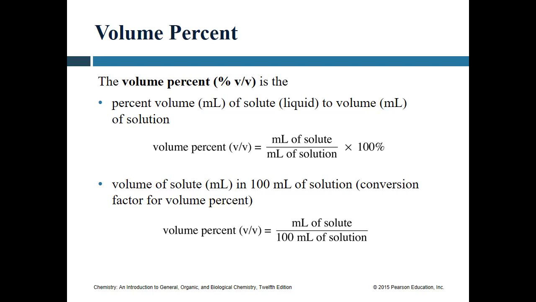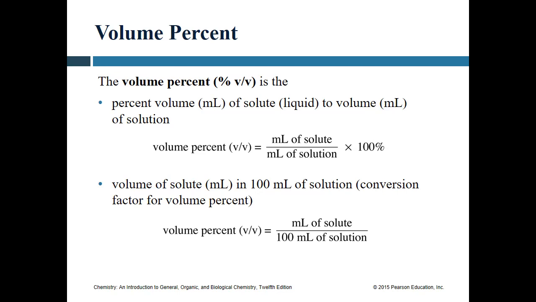Now, why would we do this kind of calculation as opposed to the one that we just did? Not every solution is a solid in a liquid. This works really, really well if I have 2 liquids that I'm mixing together, because it's a lot easier to measure the volume of a liquid than to measure the mass of a liquid. And you've done both in lab, you know I'm right.